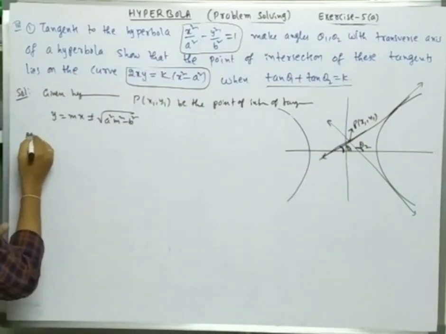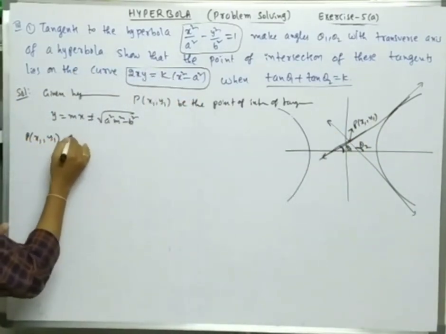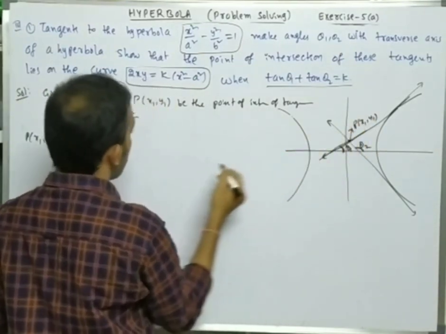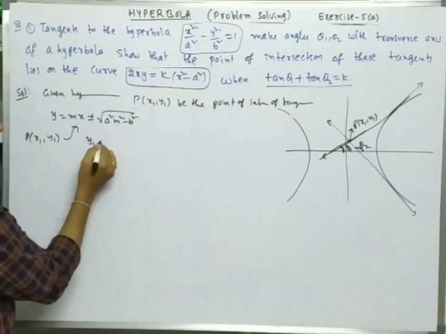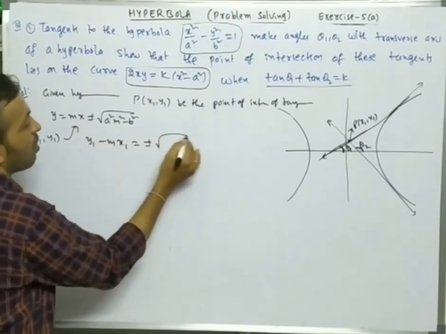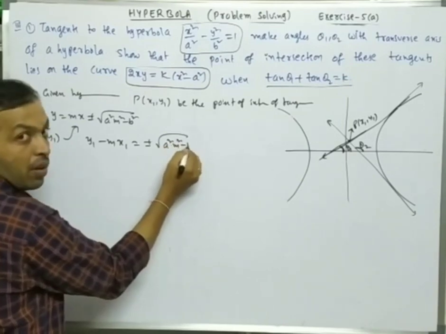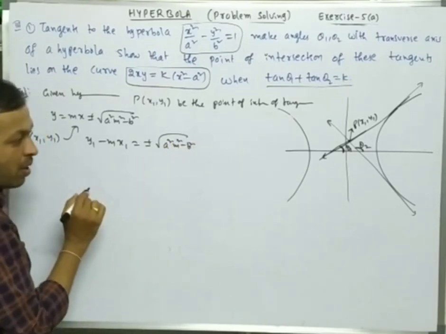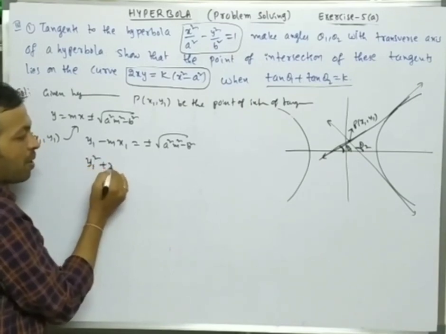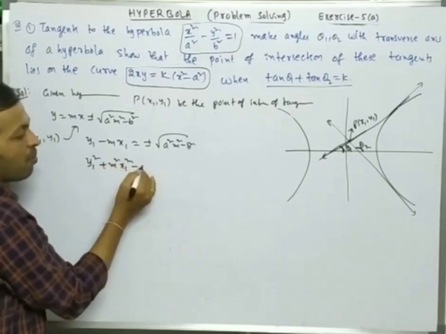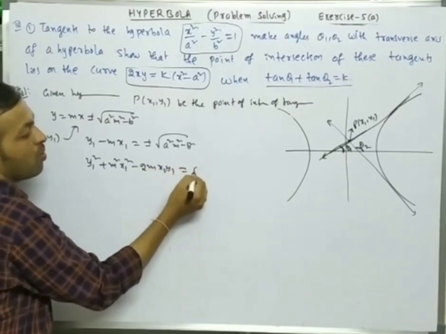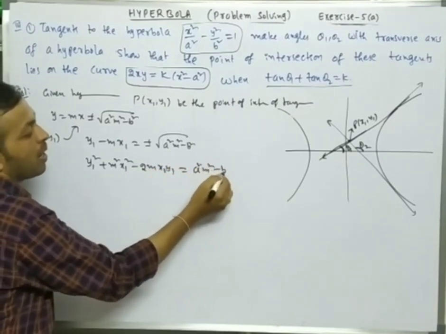Okay, so P(x1, y1) lies on these tangents, right? It is a point of intersection of these two tangents, therefore it should satisfy. So y1 minus m x1 is equal to plus or minus under root of a square m square minus b square. Now squaring on both sides you will get y1 square plus m square x1 square minus 2m x1 y1 is equal to a square m square minus b square.